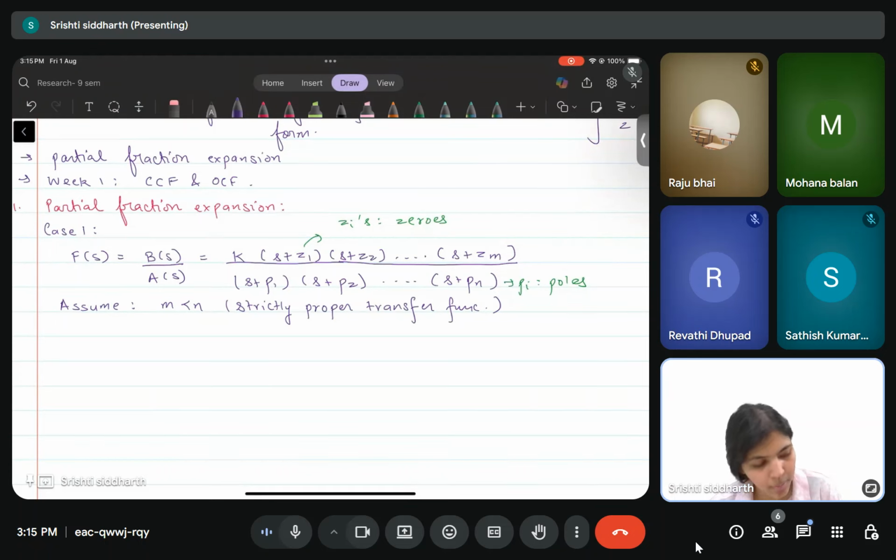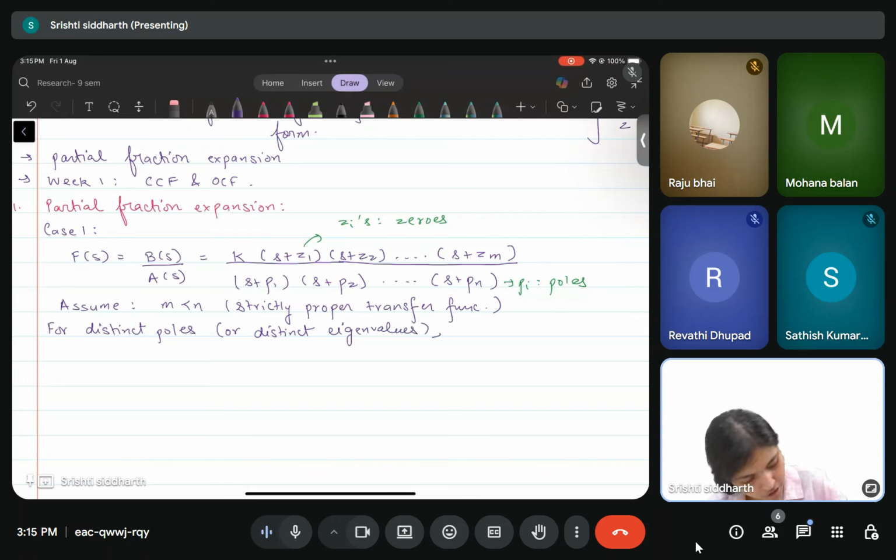So this is the simplest case. We assume that p1, p2, till pn are all distinct. So for distinct poles, or you could also say distinct eigenvalues, partial fraction expansion is as follows.